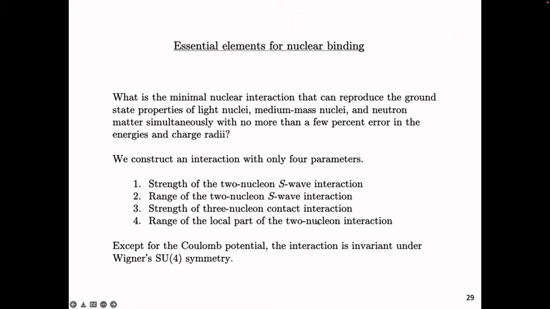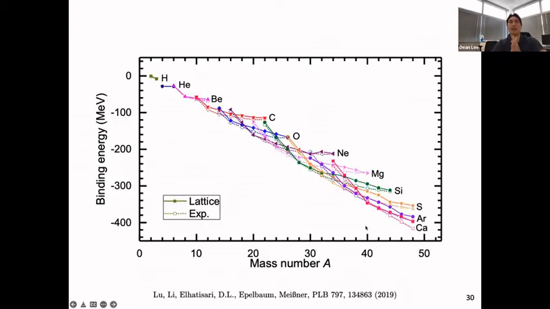And then with 1 extra parameter, the range of the local part of the 2-nucleon interaction, we tuned to everything else. With those 3 parameters tuned to the 2 and 3-body system shown here, and only 1 parameter tuned to everything else, you can see that we get a fairly good reproduction of the binding energies of nuclei up to about 48 particles.